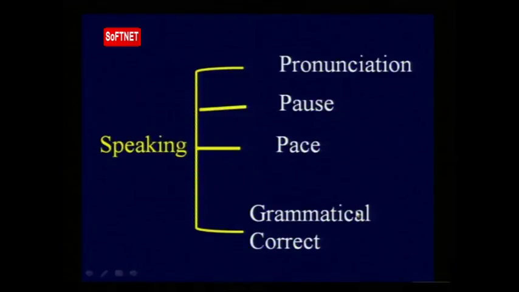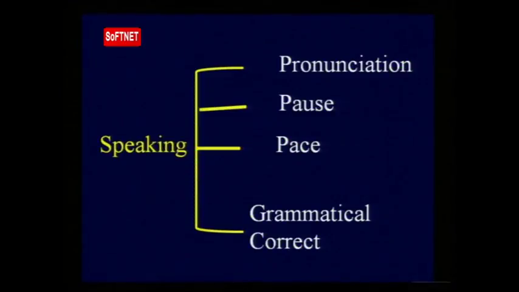Now the 4 or 5 aspects we have to keep in mind when we speak are correct pronunciation. When you speak, you have to use the correct pronunciation of words. You shouldn't speak in a very quick manner. You have to maintain something which is known as pace. You have to pace your speed and speak to the person.